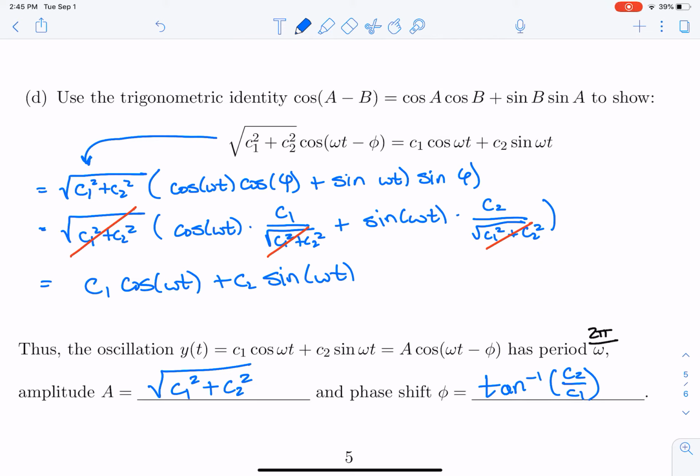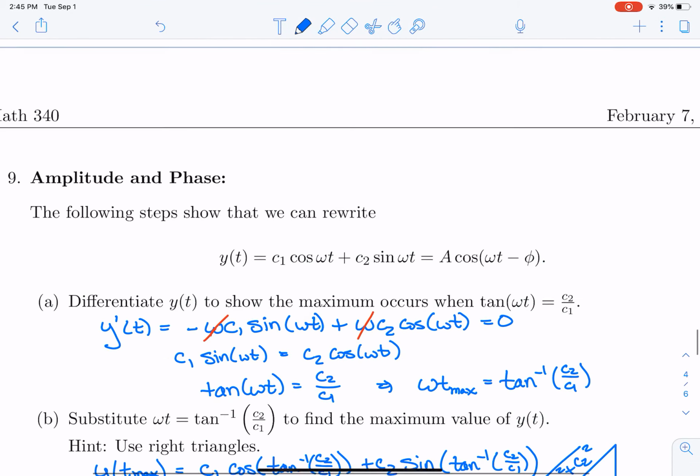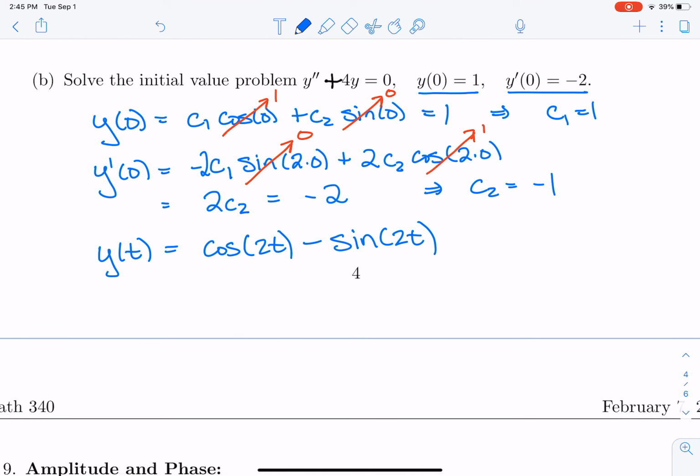So I want to go back and make sure that we understand how to use this information. So here we had y of t. Our amplitude in this case, because C1 and C2 are 1 and negative 1, is the square root of 1 squared plus negative 1 squared, so that's the square root of 2.